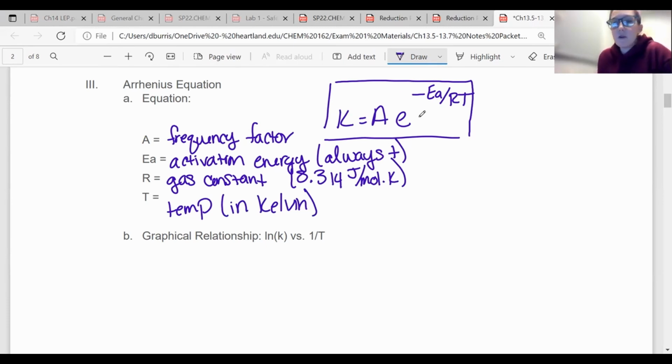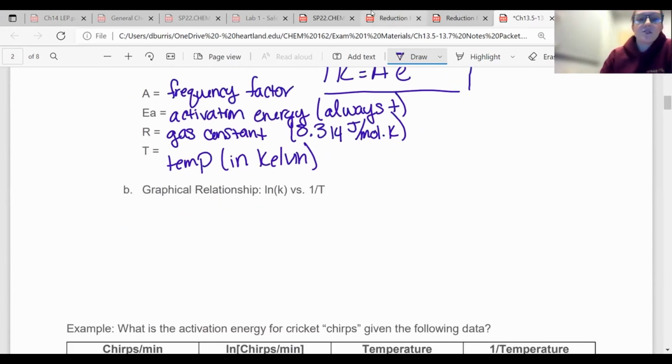And actually, I'm going to rearrange this equation algebraically into a different form. There's a relationship between the natural log of k and 1 over T. And this is something you'll do in lab, so please pay attention, okay?